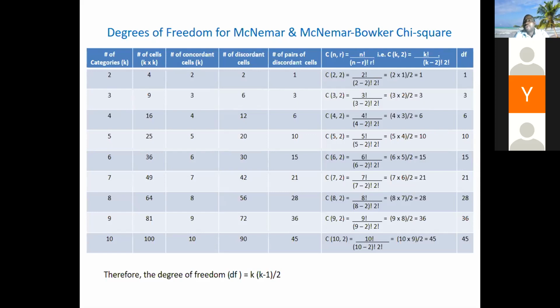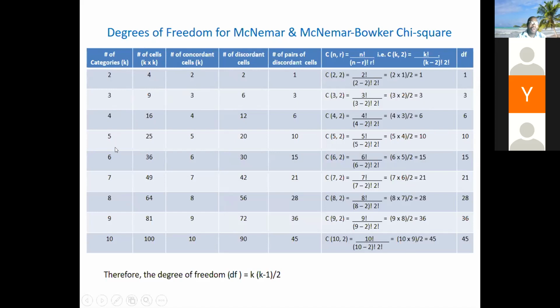Now, what we are looking at here. Okay, what this table is telling you is that the number of categories of the outcome is the first column, which is the K. Then the total number of cells. So if it is 2 categories, you're going to use a 2 by 2 table, which is 4 cells. If there are 3 categories, it will give you 3 by 3, which is 9. 4 categories, 4 by 4, which is 16.